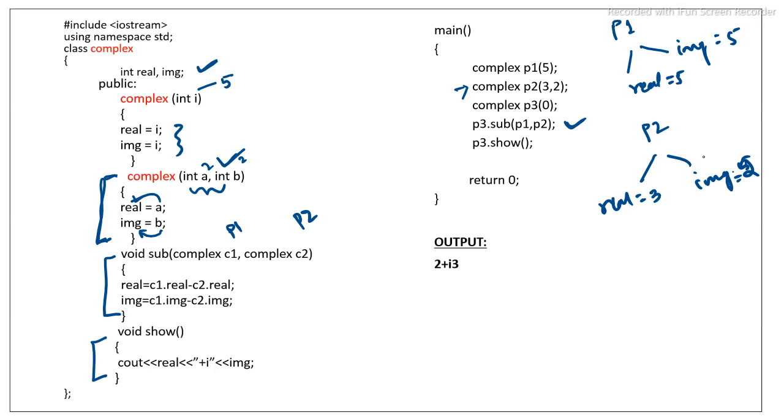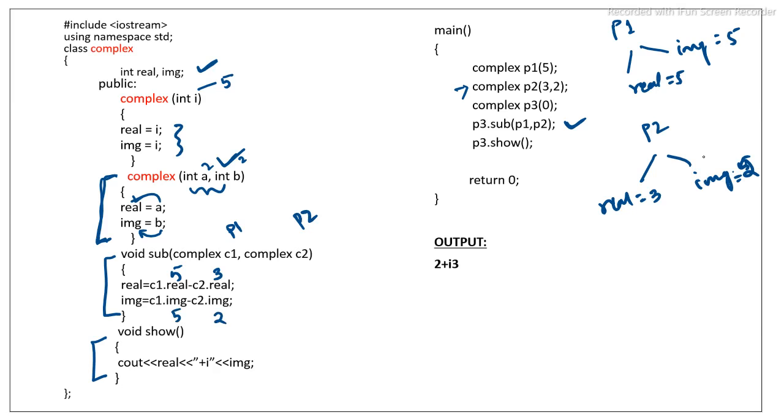Real equal to C1 dot real, the real value we have received for the C1 object, that is 5, minus C2 dot real, from the object C2 the real value we have received is 3, and similarly for imaginary, C1 dot img we have received 5, and C2 dot img we have received 2 here.